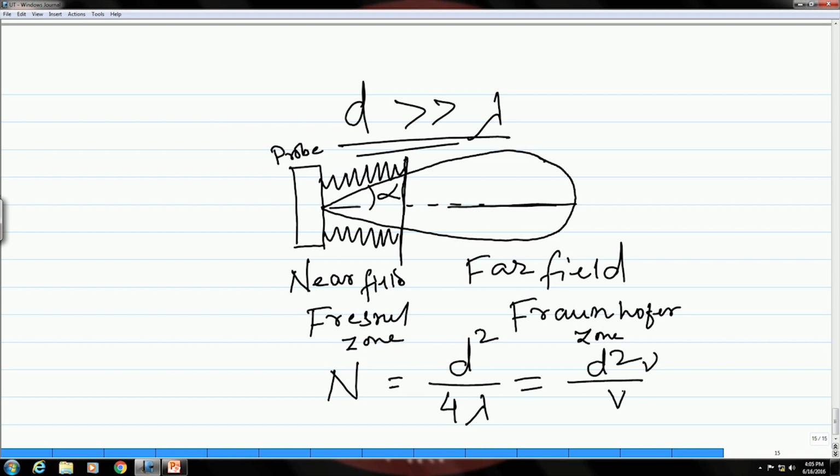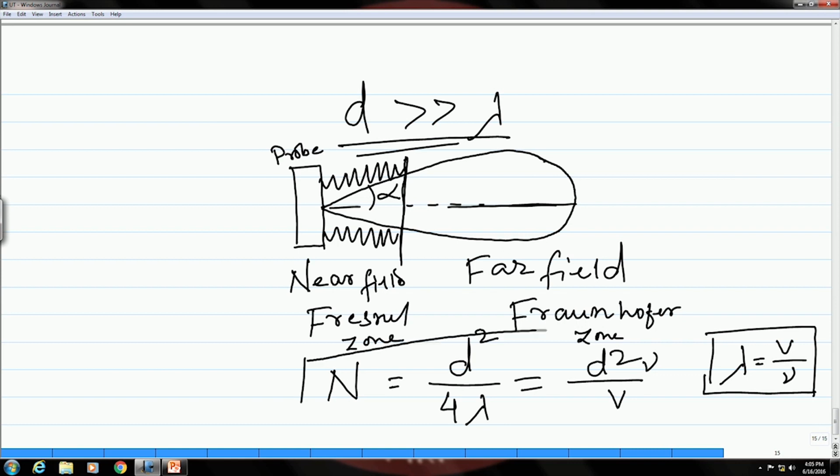Because we have seen before that lambda is equal to V by the frequency nu. So, if you replace that over here, you get the near field in terms of the frequency of the sound waves and the velocity V.